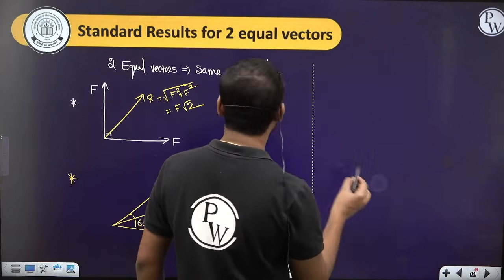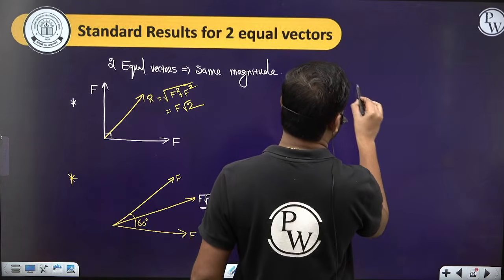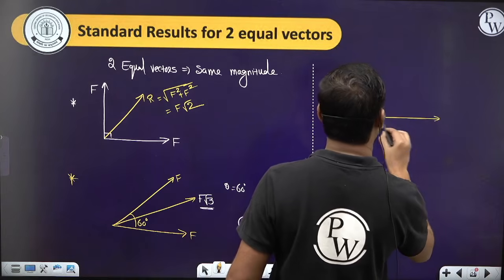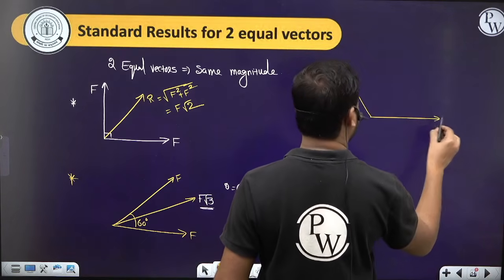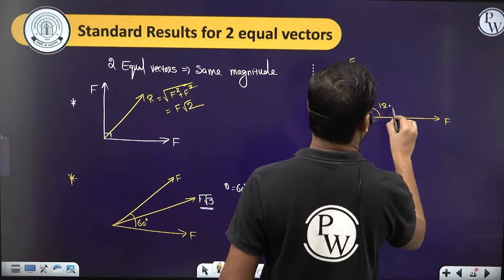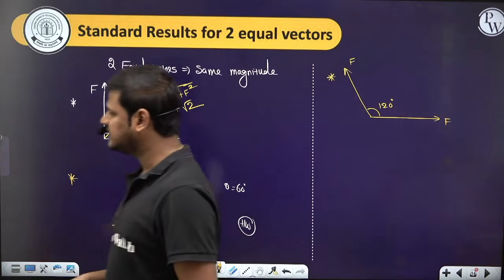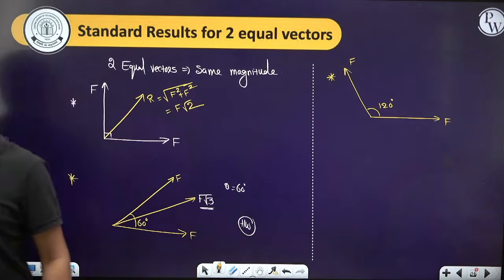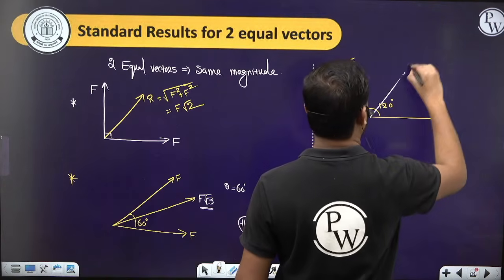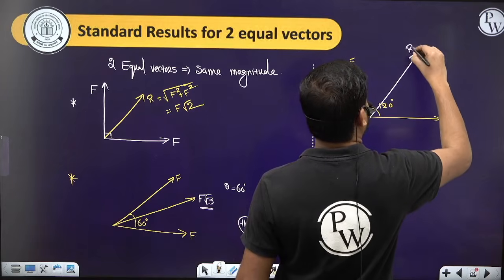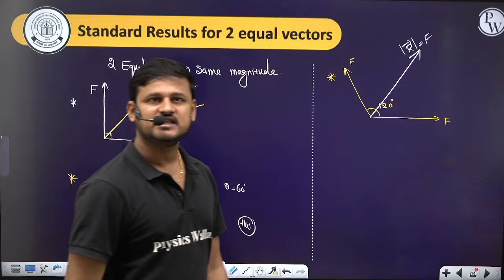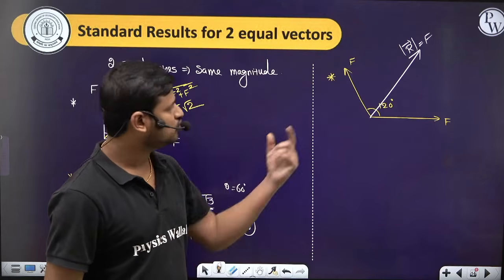And then the third standard result is, if two vectors, the vector A and another vector B, have the same magnitude and the angle between them is 120 degrees, then the resultant is going to be F. So understood?